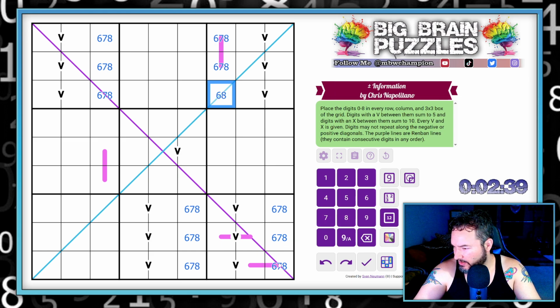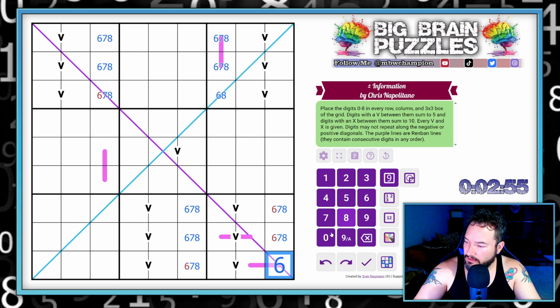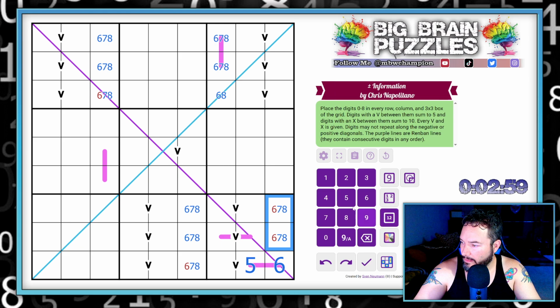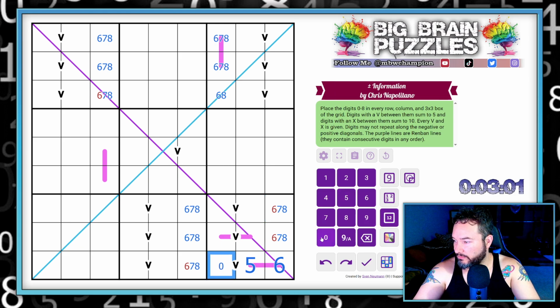Do we have something else that is kind of similar to that? Well, this one's interesting. So if this is 8, 7 can't be there. This is 7, 6 or 8 can't be there. So this has to be a 6, and then this has to be a 5. Which means this needs to be a 0.